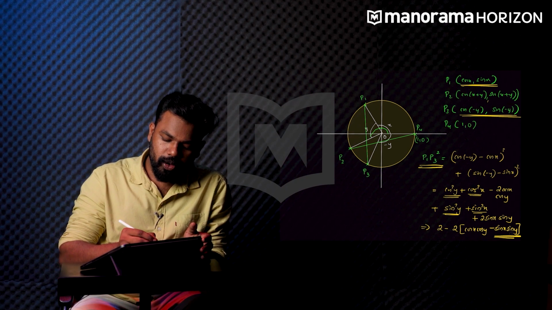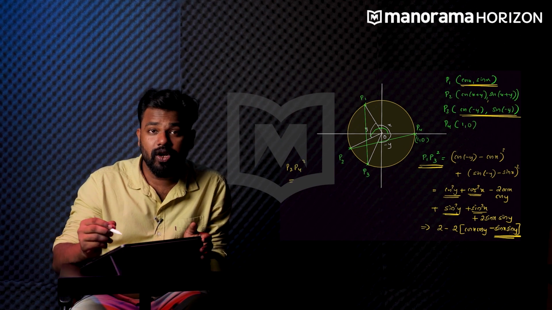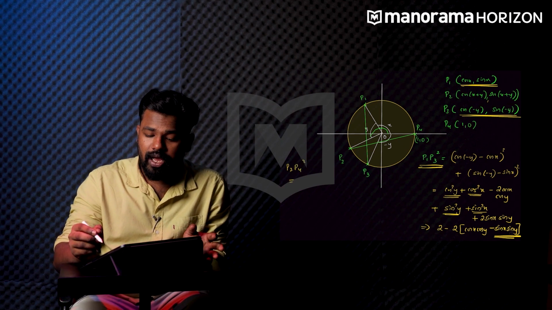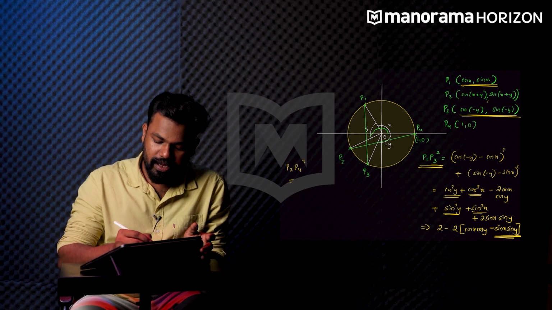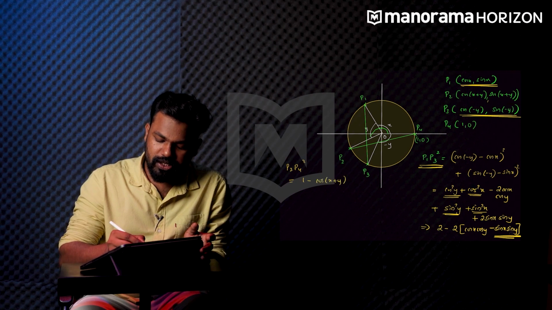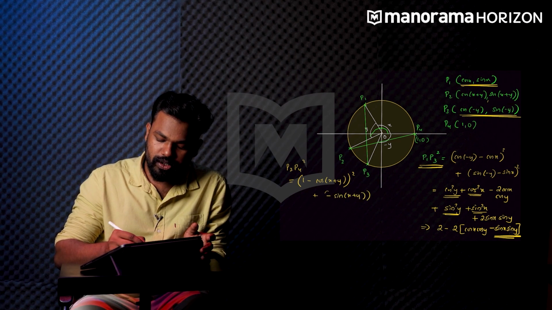Now what about P2 P4? P2 P4 the whole square. P2 is nothing but cos(x plus y), sin(x plus y), and P4 is (1, 0). So when I take the distance formula there, I will get 1 minus cos(x plus y) the whole square plus 0 minus sin(x plus y) the whole square, that is minus sin(x plus y) the whole square.